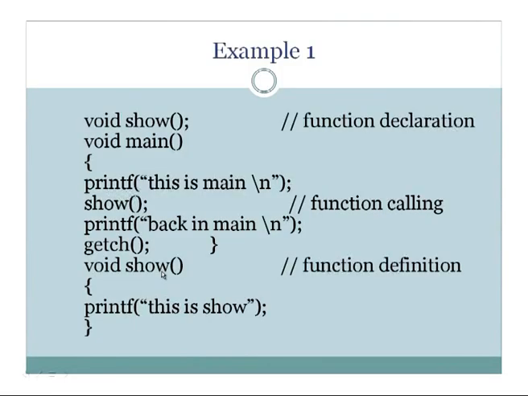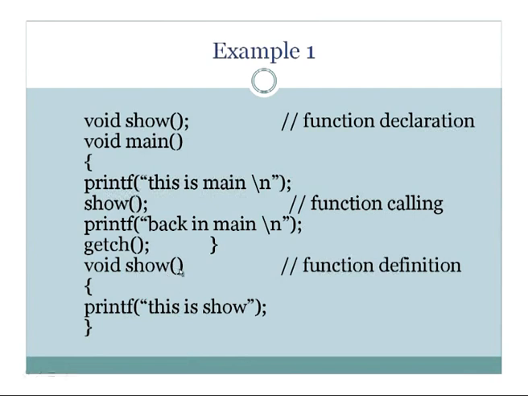Here in this example, show function has its own body, and inside its body it just displays a message, this is show. You see on the computer screen that the definition of the show function starts after the closing braces of the main function, which shows that show function has a completely separate definition from main function.